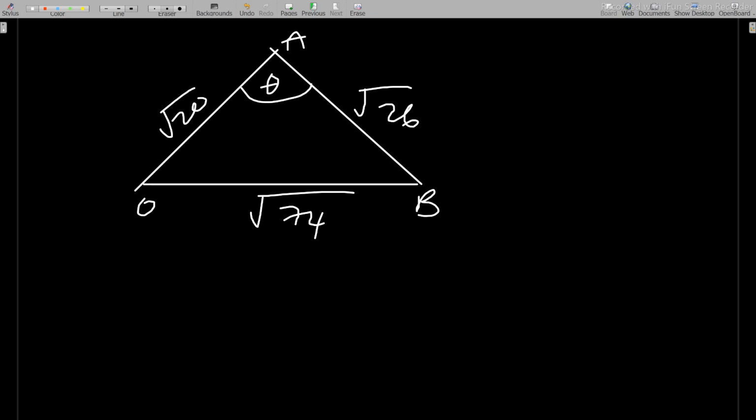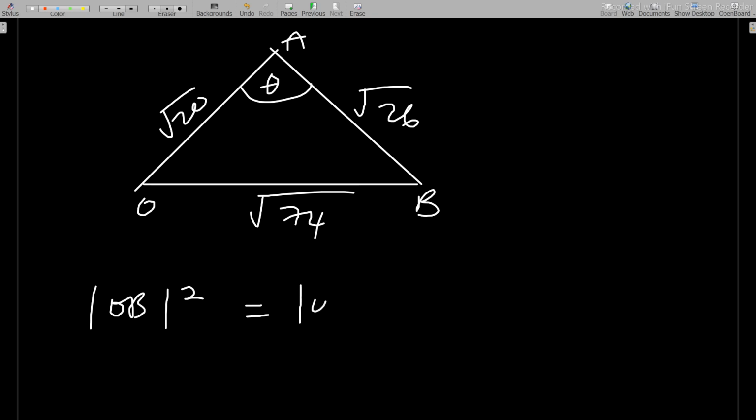So from the cosine rule, this is how it states. It states that the distance opposite to the angle that you are calculating for, squared, so OB squared, should be equal to the sum of the squares of the distances.